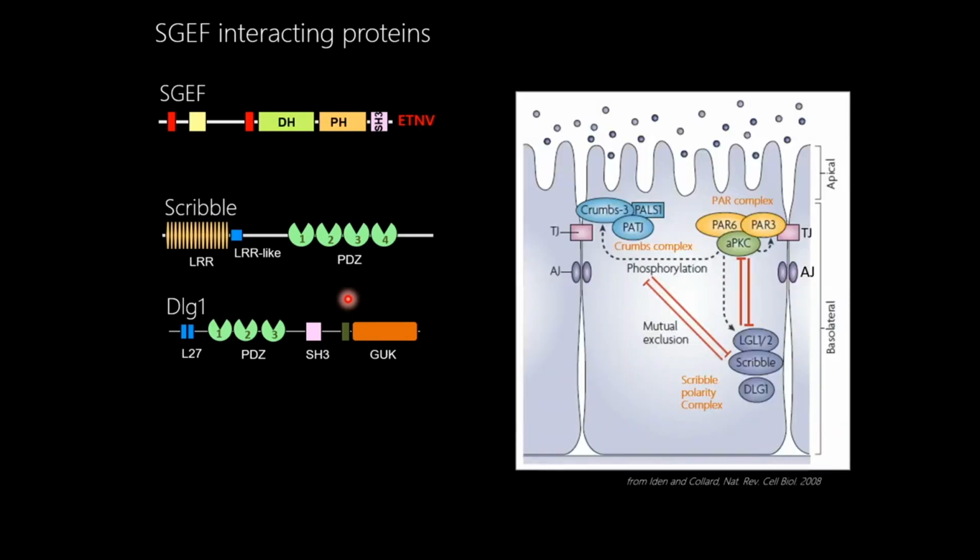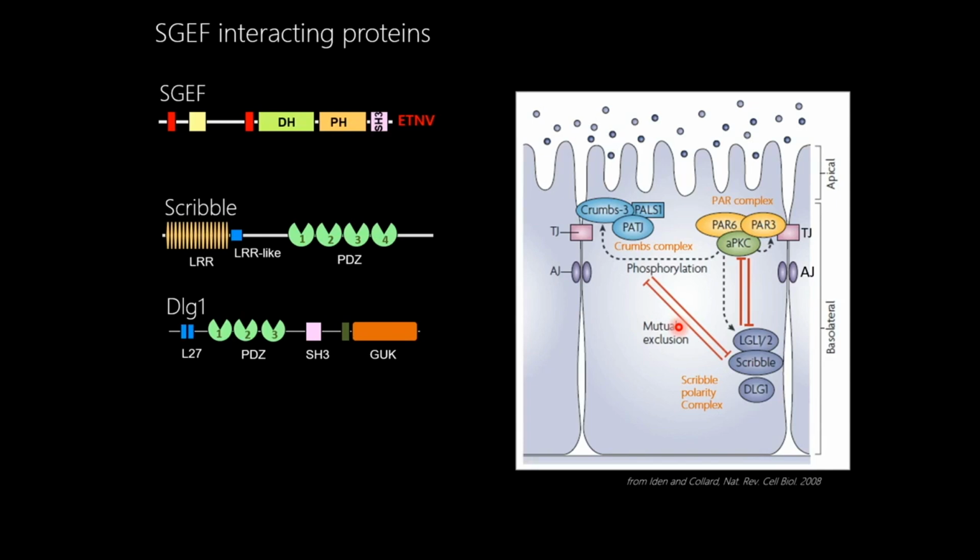What these two proteins do is they are part of what is called the Scribble polarity complex. So I'm going to take one minute to introduce what this complex does. This complex is important for the establishment of cell polarity in epithelial cells.